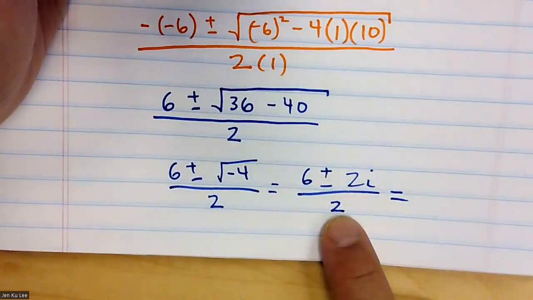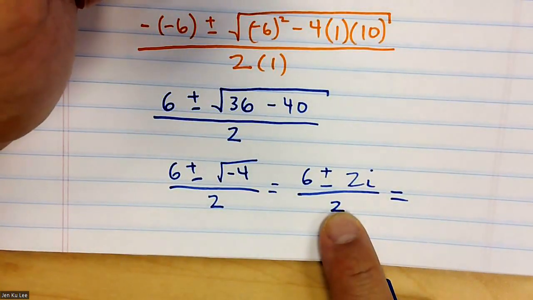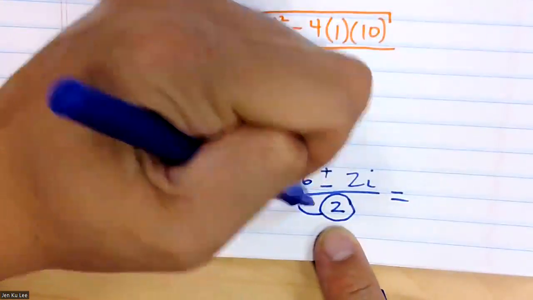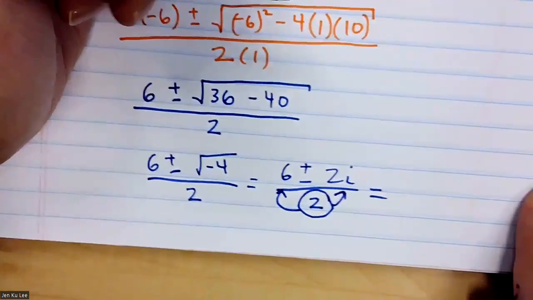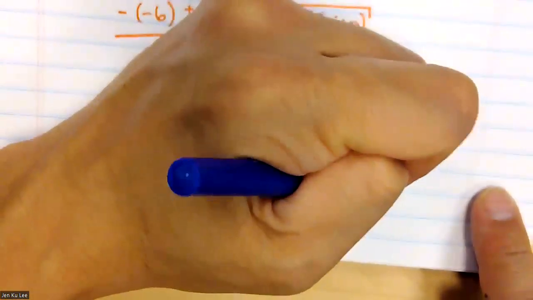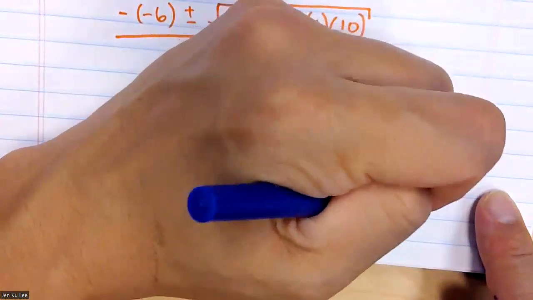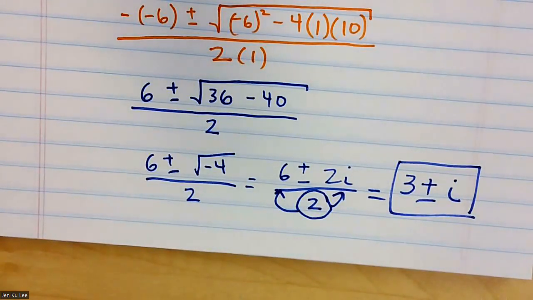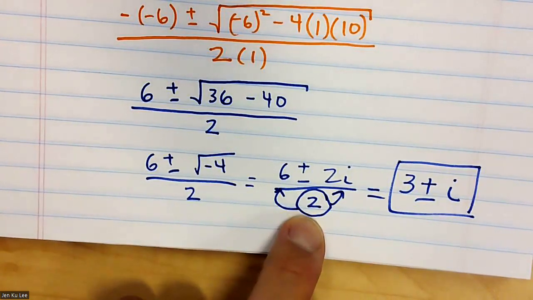And now since this 2 can go cleanly into both the 6 and the 2i, let's do it. That will be 3 plus or minus i.